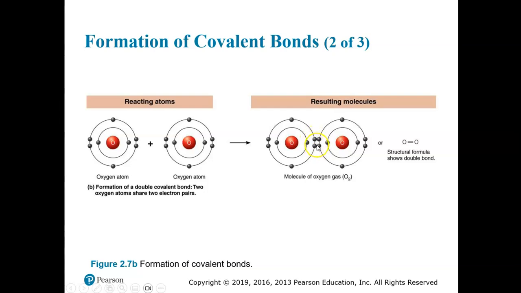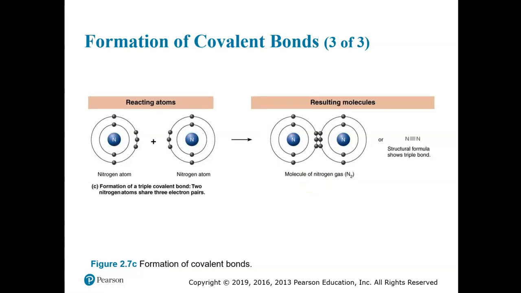So what we have here is a double covalent bond, and it is nonpolar because the electrons are shared equally. And now if you count, the oxygen on the left has 1, 2, 3, 4, 5, 6, 7, 8 valence shell electrons, and the one on the right does also. And nitrogen will form 3 covalent bonds, a triple bond.